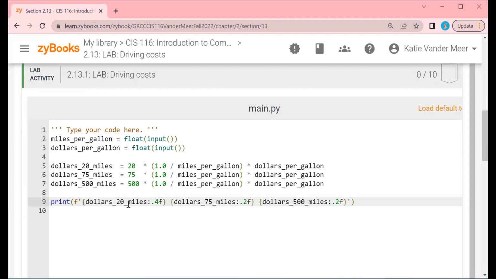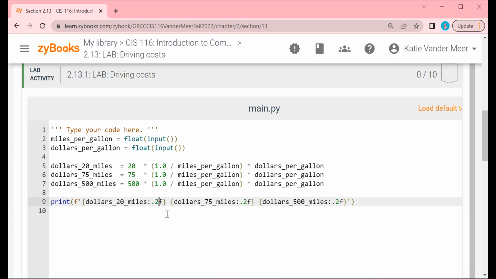It's just part of the syntax for using a decimal value. So it just means float. Yeah, it means float. And then point, then you do the variable name, colon, and then point how many places.